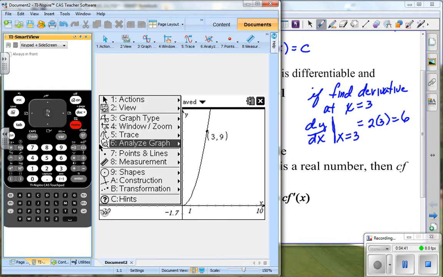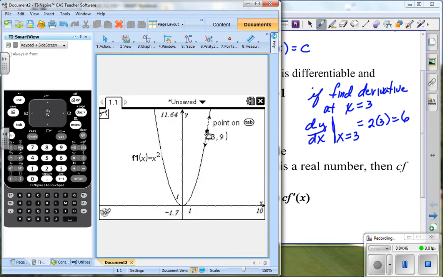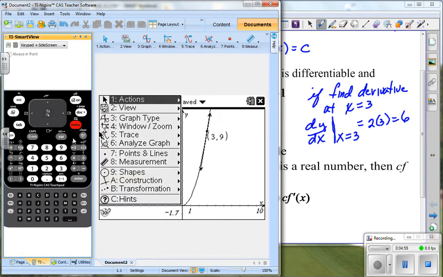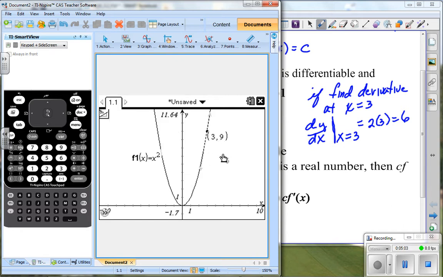I'm going to place a tangent at this point. We've been through this. I feel confident that you can do the same thing. And I'll just extend that. Let's see if I can extend it. There we go. Then we'll measure the slope of that line, and the slope happens to be 6.